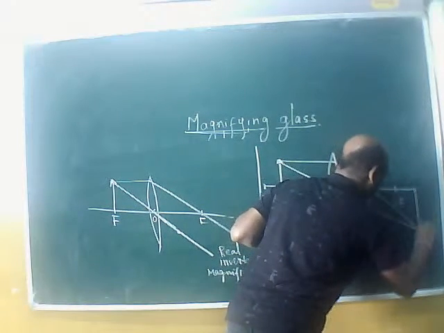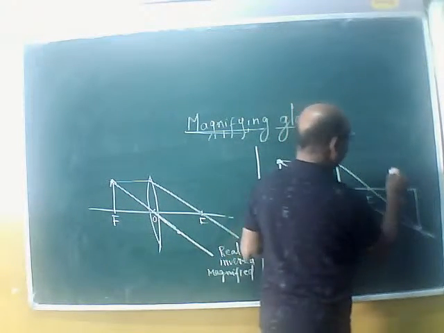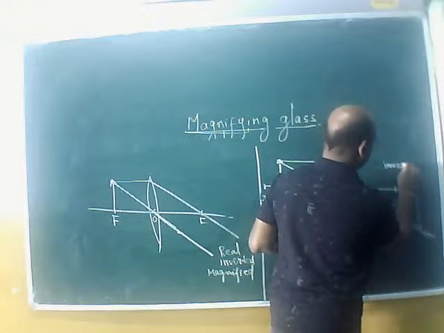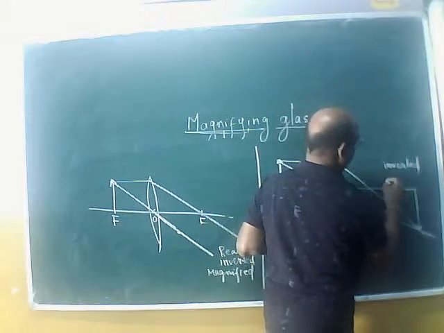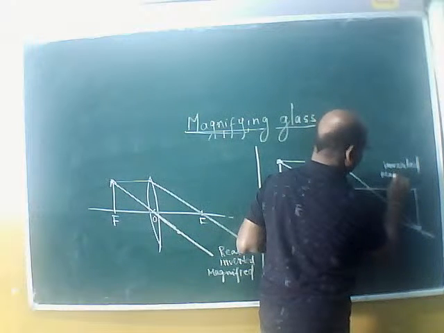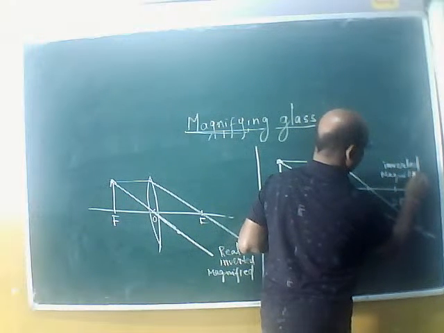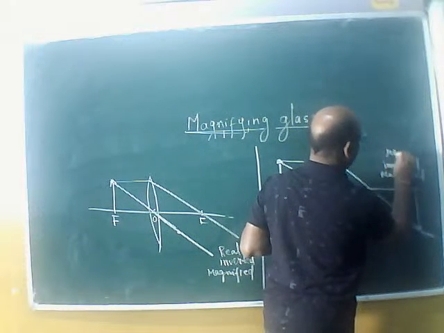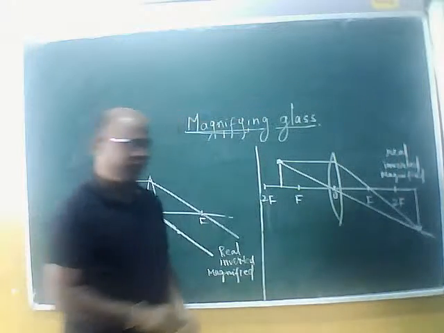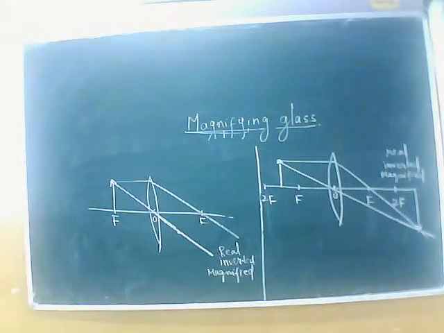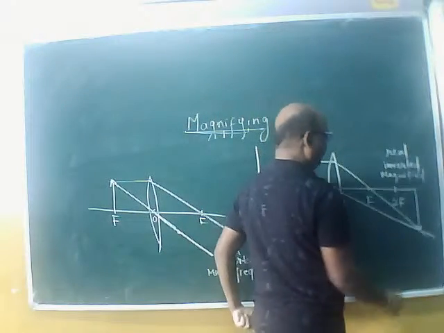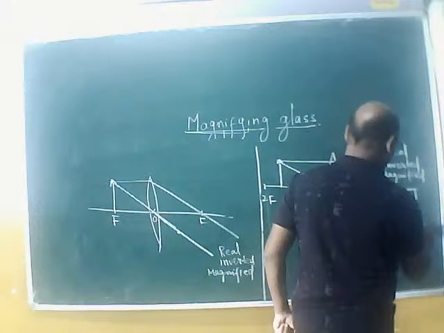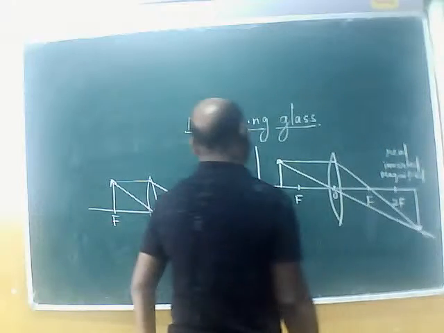So what kind of image are we getting here? Inverted, magnified, real image. Real, inverted and magnified image is formed beyond 2f.